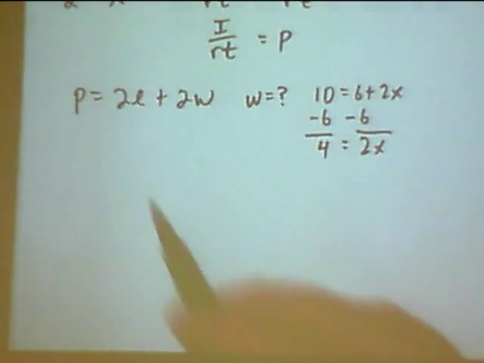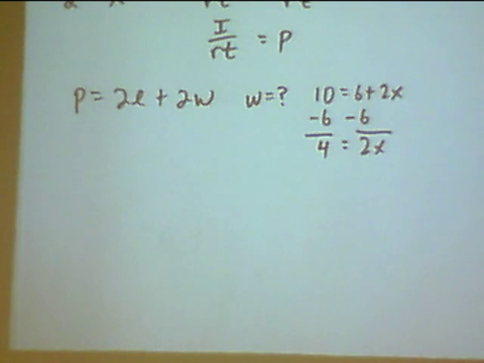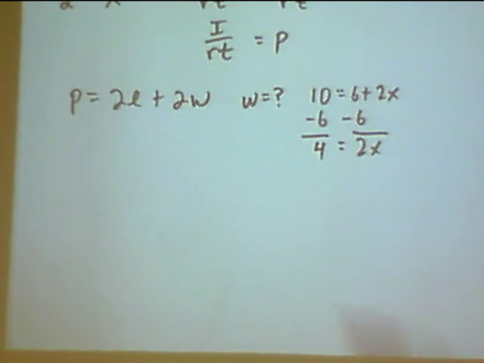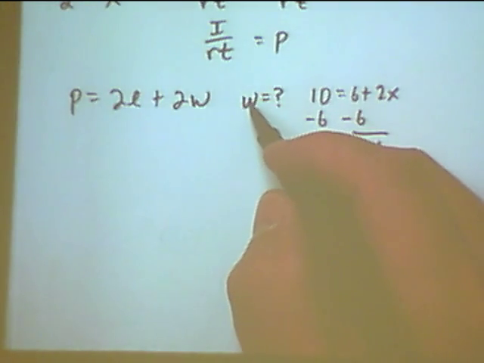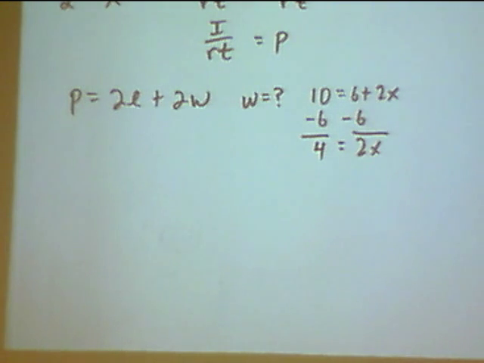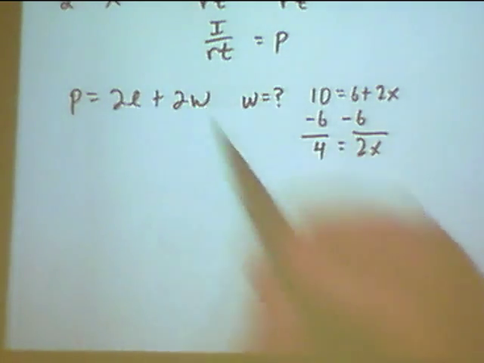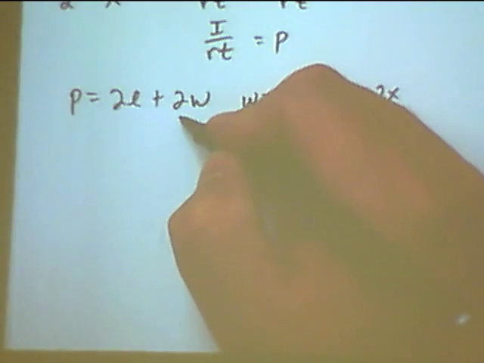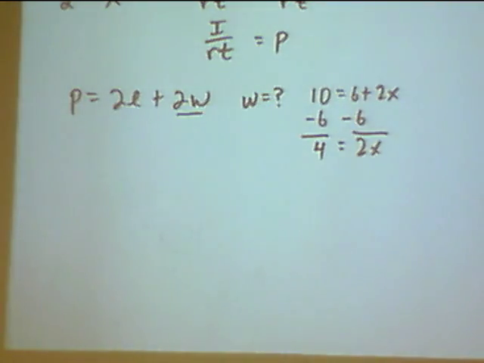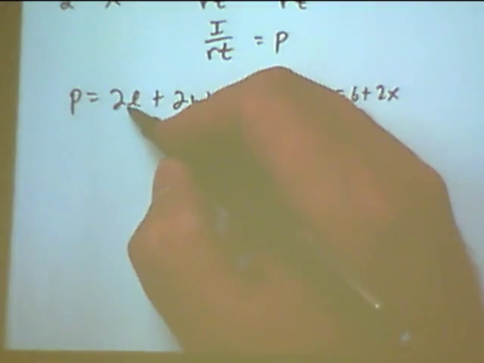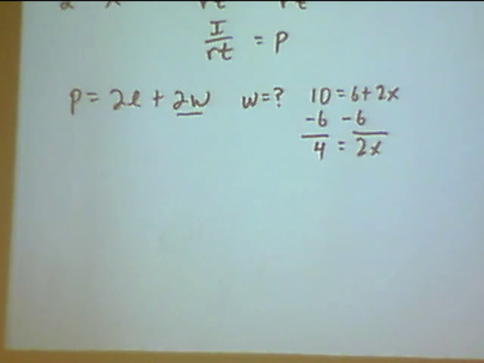Let's think about my little formula here. If I'm trying to solve for w, that means I want to get all the terms with a w on one side by itself and all the rest of the terms on the other side. I have three terms. You notice only one term has a w, so I want to get this term by itself, which means I want to move the 2L to the other side.